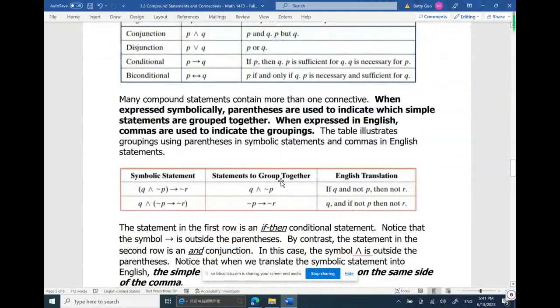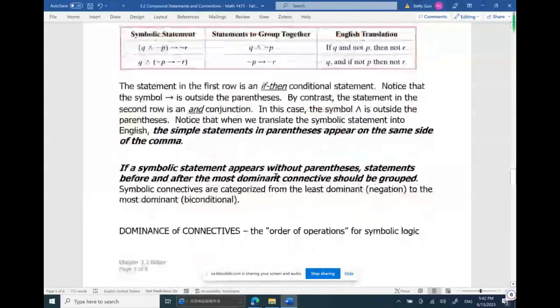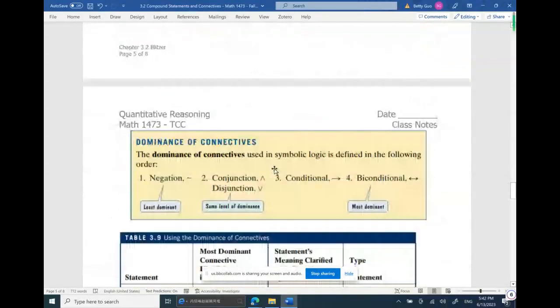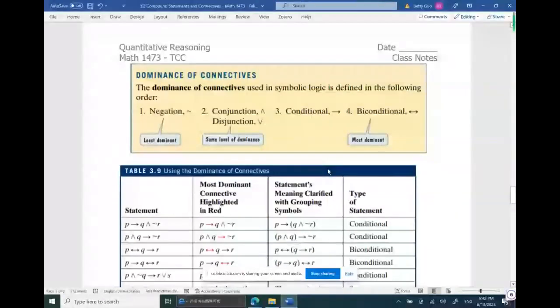The last thing about those logical connectives is their dominance. Sometimes we have a compound statement that includes more than one symbolic logic connective. Then how do we understand the structure of the compound statement? We need to understand the dominance of connectives.